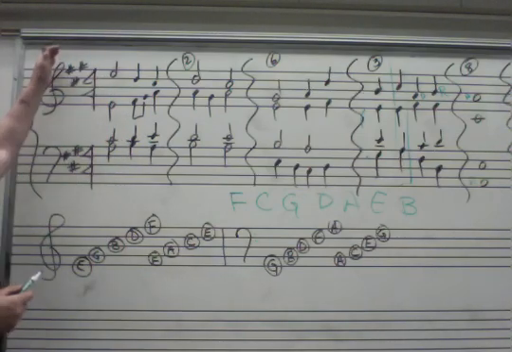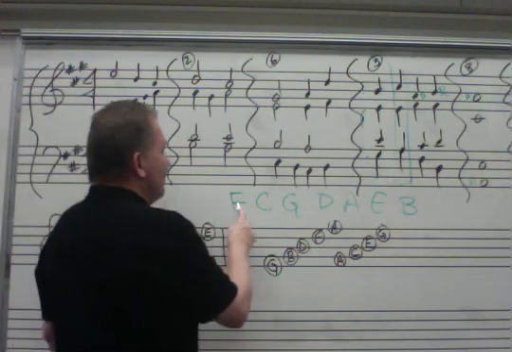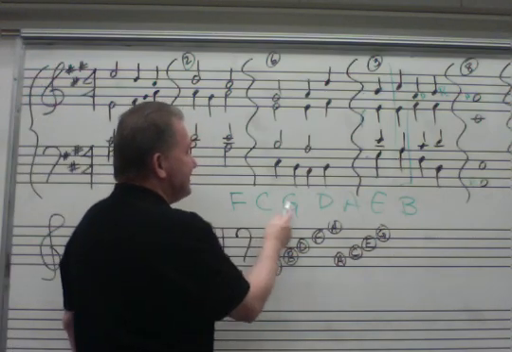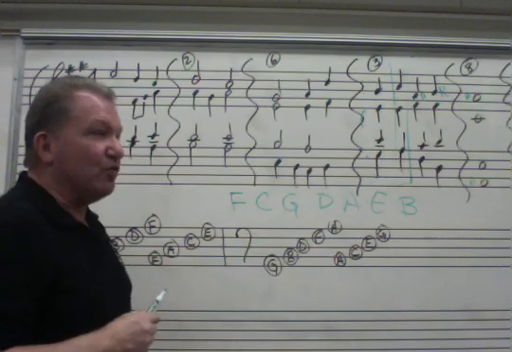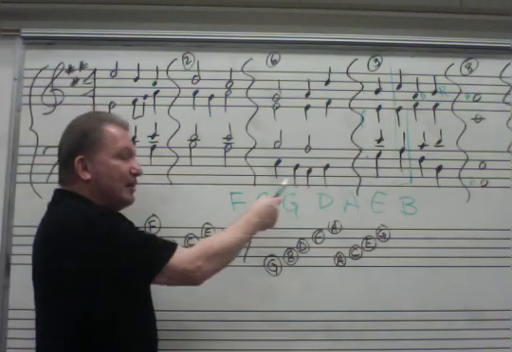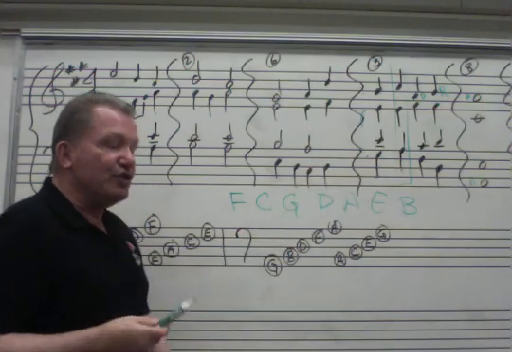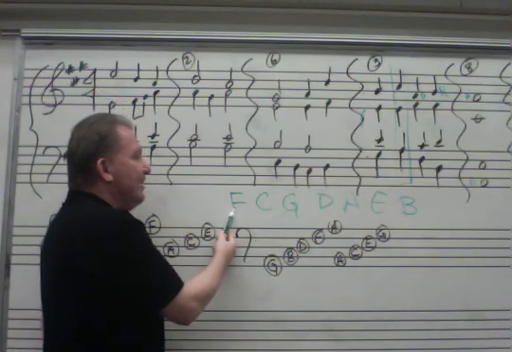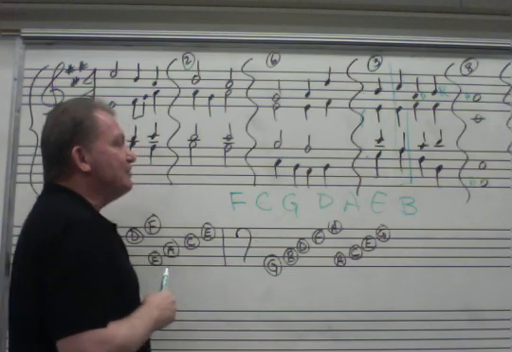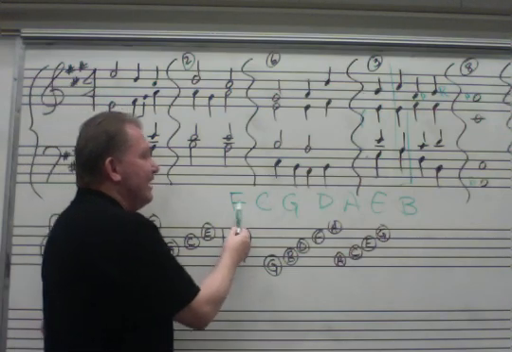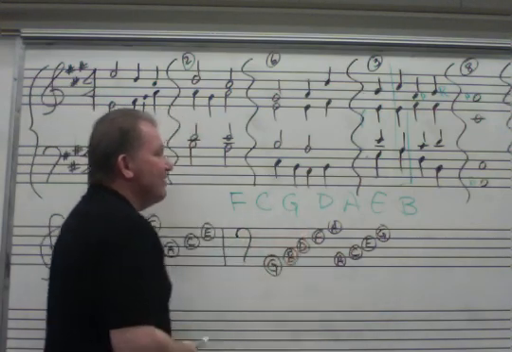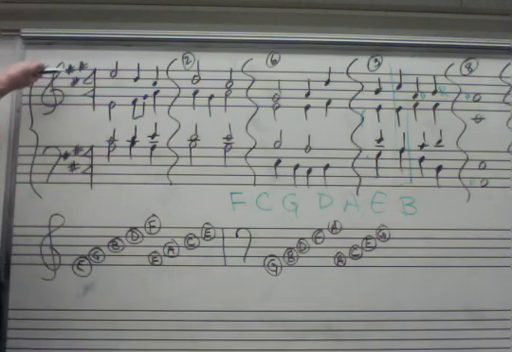We said that there were 3 sharps. So that means the sharps are on F, C, and G. They will always occur in this order. So if there are 3 sharps, that means the sharps go on F, C, and G. If there's 2 sharps, it means the sharps go on F and C. If there's 4 sharps, it means your sharps go on F, C, G, and D. So here we have 3 sharps in the treble clef, 3 sharps, how it's notated in bass clef.